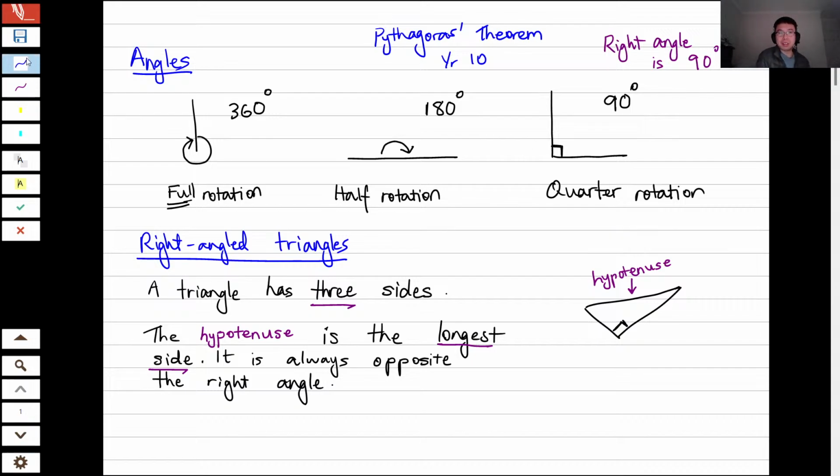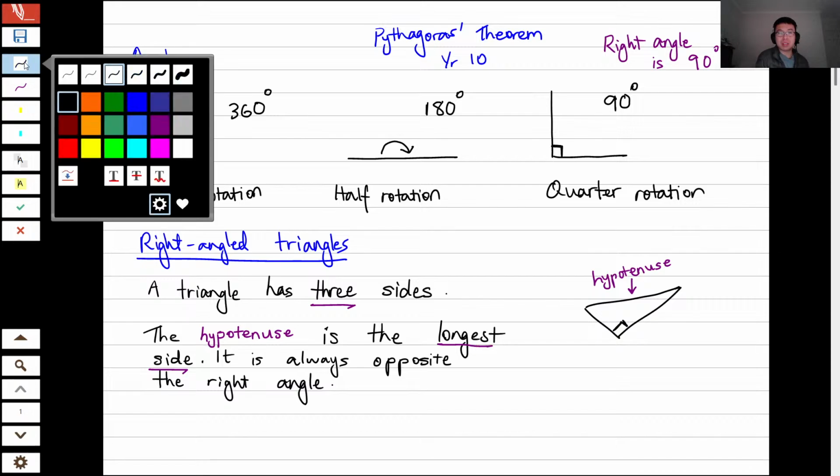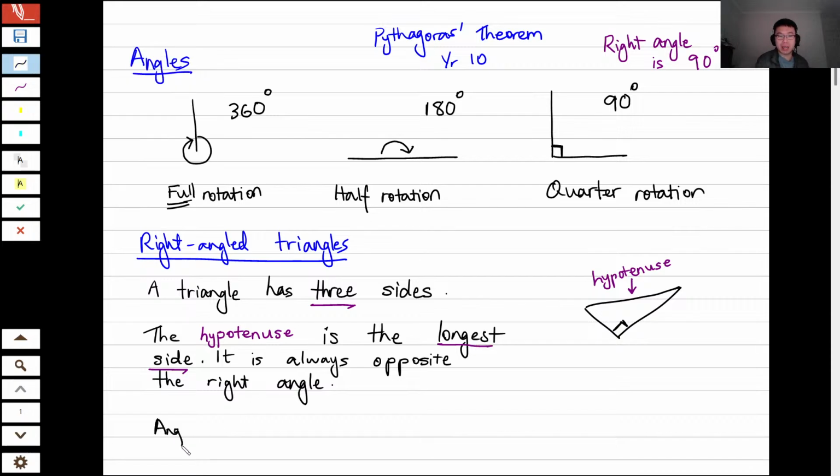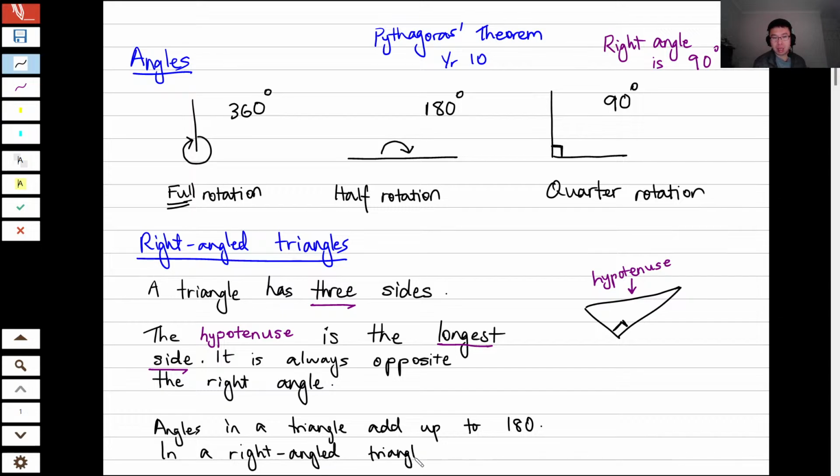In a triangle, the angles add up to 180. And in a right-angled triangle, I claim, I'll leave this to you as an exercise, the biggest angle is 90 degrees.